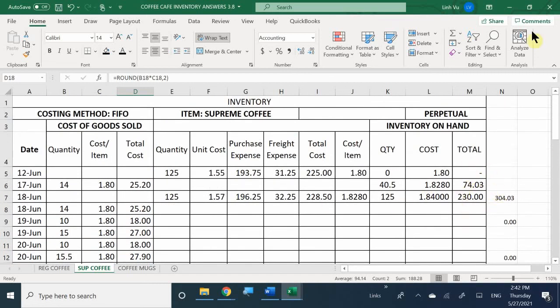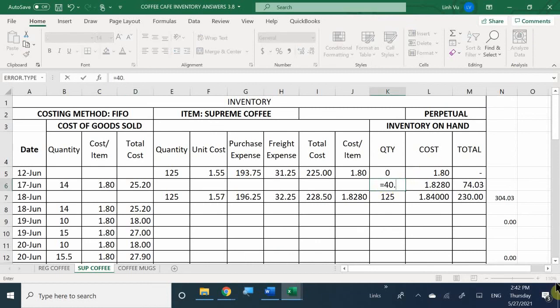It's going to be the 40.5 minus the 33 pounds we used. We end up with 7.5 pounds and 1371. Okay.